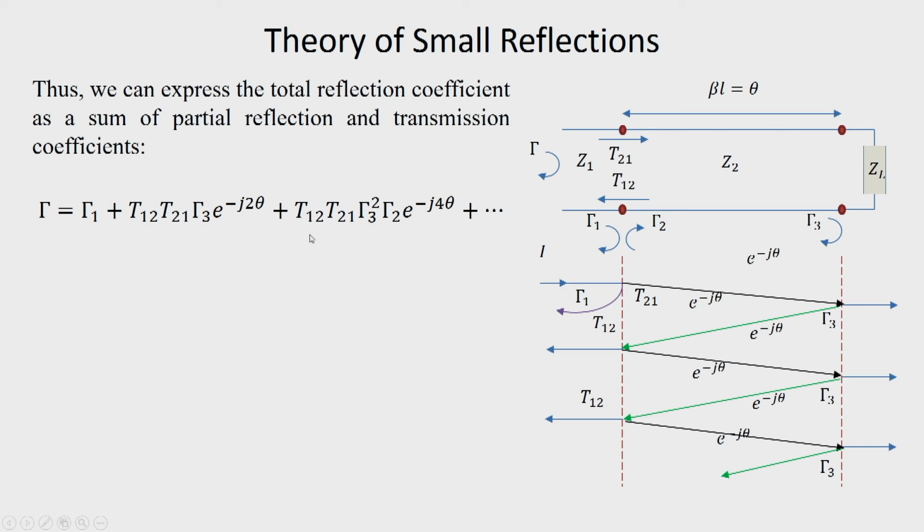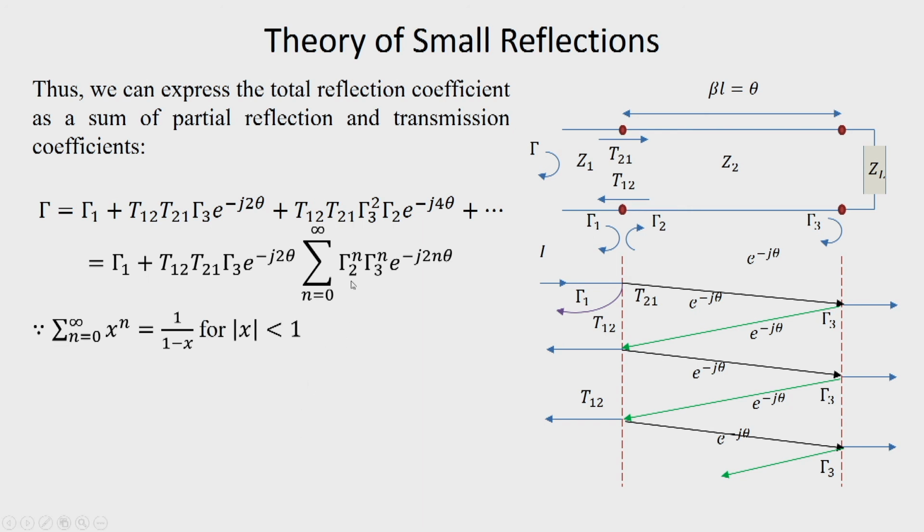So, we will have T12, T21, gamma 3 square, gamma 2, and total phase shift will be 1, 2, 3, 4. So, e to the power minus j 4 theta. Now, this term will be a common term in all the terms, and this can be put in a summation form as shown.